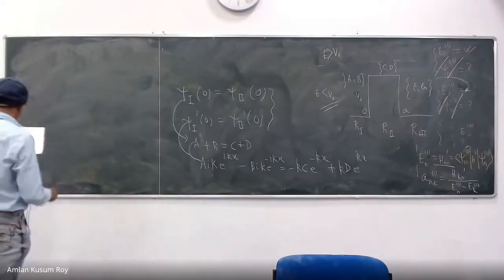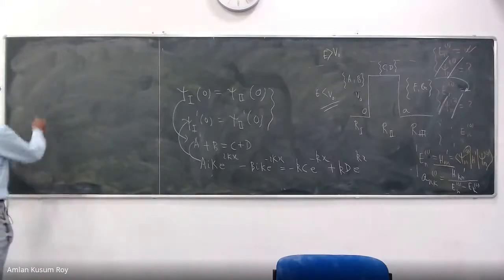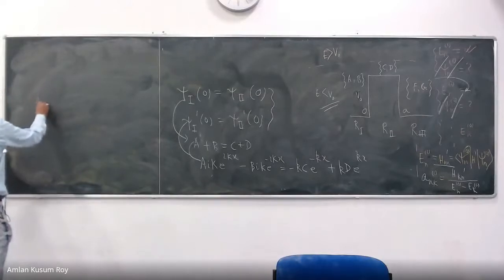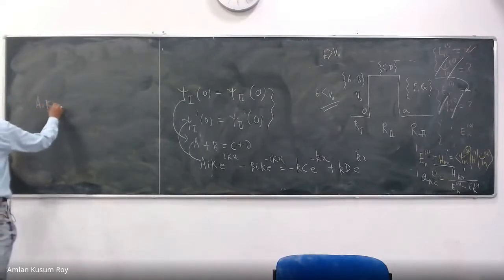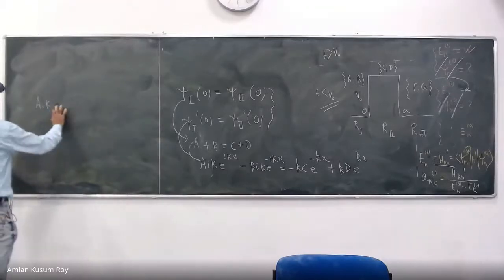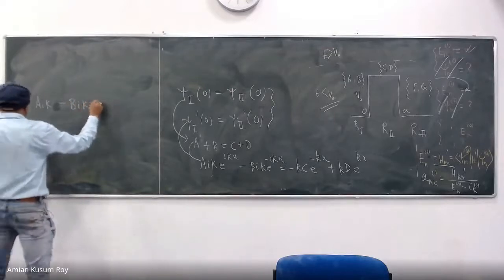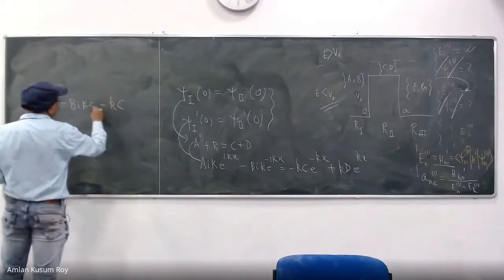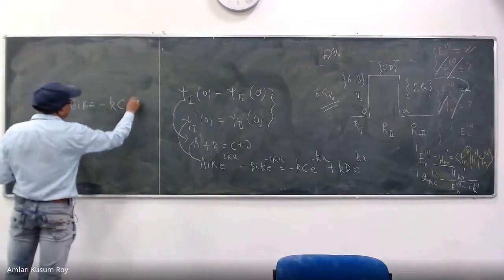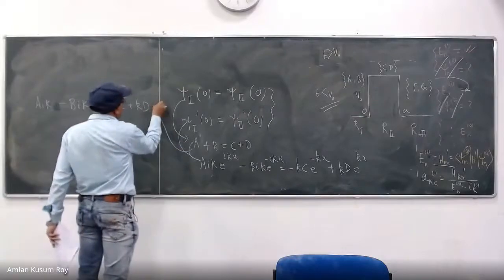If you put x equal to 0, you can write the last equation: A i k e to the power 0 minus B i k. I can skip certain steps. So eventually, you will get A i k minus B i k is equal to minus kappa C plus kappa D. So these two are the corresponding equations.